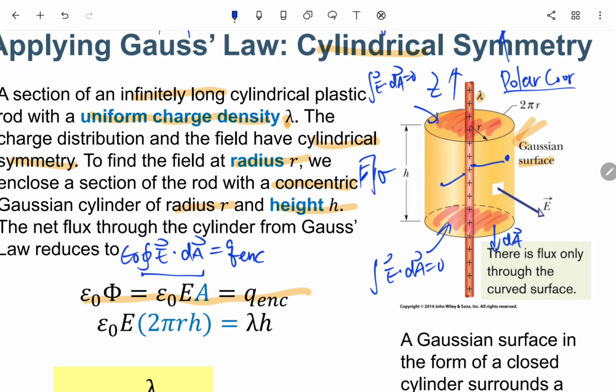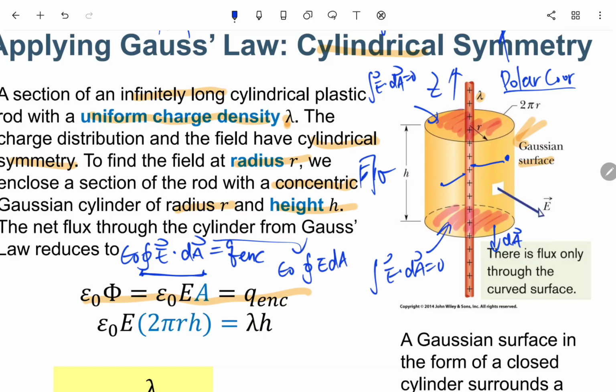As we already discussed, E and dA must be pointing in the same direction. So this E dot dA should be like epsilon naught times the integration of E times dA.